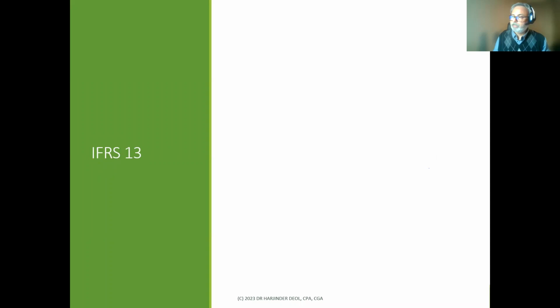IFRS 13 has been around for a while, and it was a standard that was developed in response to the 2007-2008 financial crisis, in which all of a sudden markets for certain kinds of assets just disappeared. Like you had houses in the US where, typically, the housing market is fairly robust.